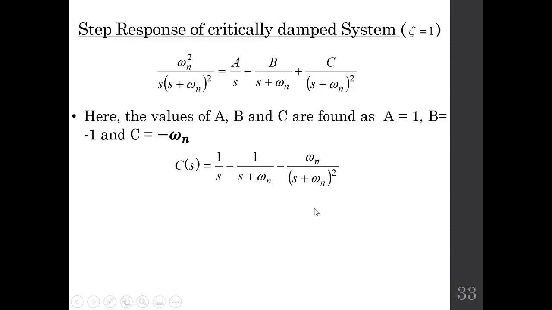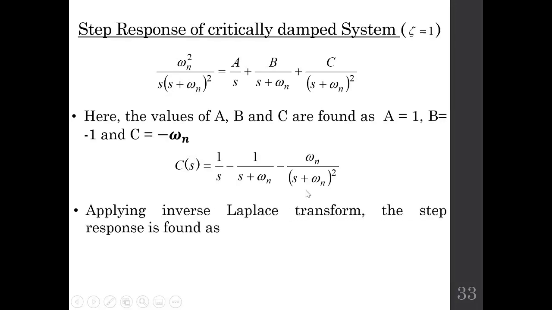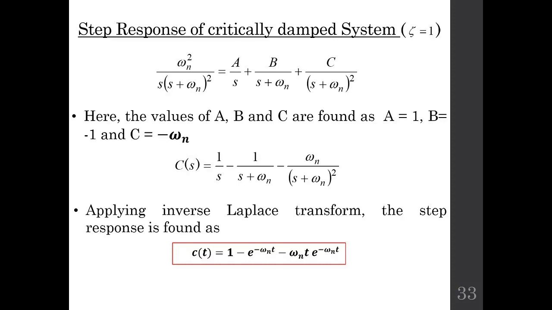Now to find the step response, we need to take the inverse Laplace transform of this equation. After applying inverse Laplace transform, the step response is found as 1 - e^(-omega_n t) - omega_n t e^(-omega_n t).